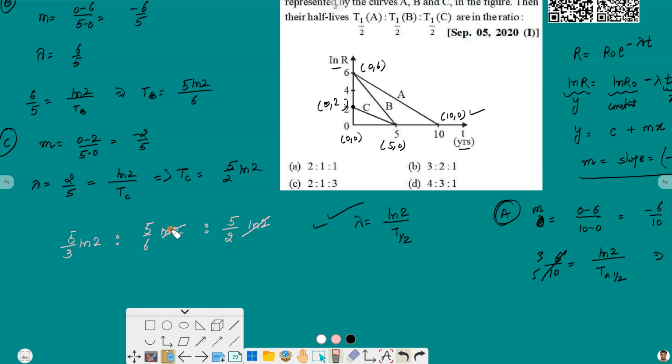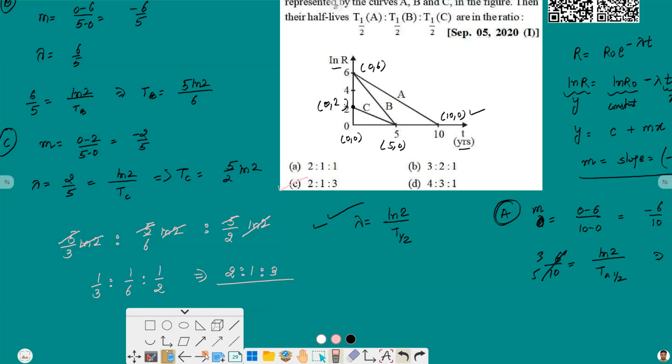So ln 2 and 5 get cancelled, and we are left with 1 by 3 ratio 1 by 6 ratio 1 by 2. Let us multiply each side by 6. So what we will get is 2 ratio 1 ratio 3. So that is option C, and option C is the right answer here.